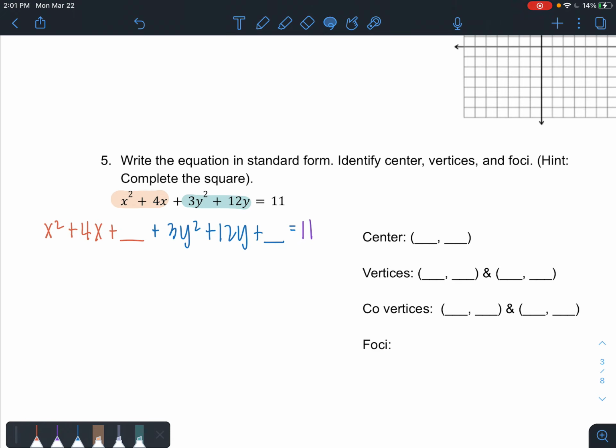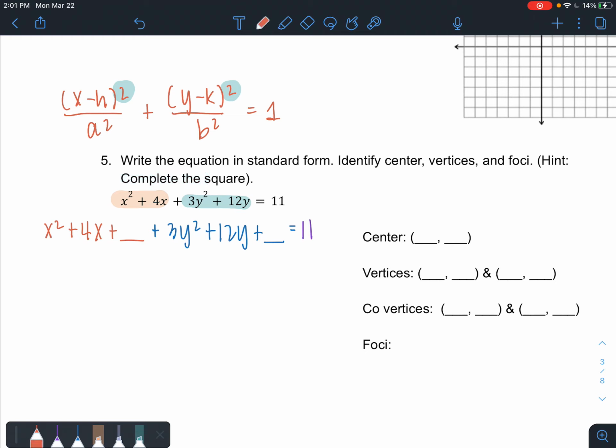Okay, now I want my answer to be as x minus h squared over a squared plus y minus k squared over b squared equal to 1. So I need something squared. So I am going to complete the square here to do this problem.